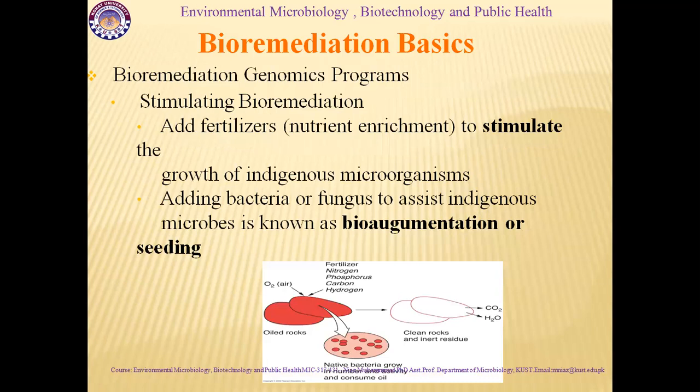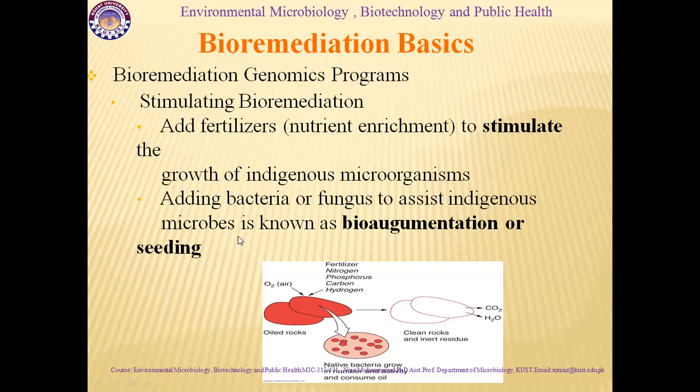Bioremediation genome program, stimulating bioremediation: add fertilizers and nutrient enrichment to stimulate the growth of endogenous microorganisms. Adding bacteria or fungi to assist endogenous microbes is known as bioaugmentation or seeding.